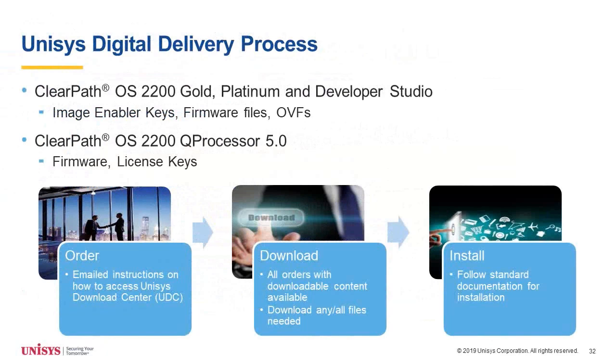Similarly, for the Q processor, also available through the Unisys Download Center in our digital delivery process. Many of you have already been through the digital delivery process with the CP18 release. So you'll now be able to do a similar capability with OS 2200 software series.